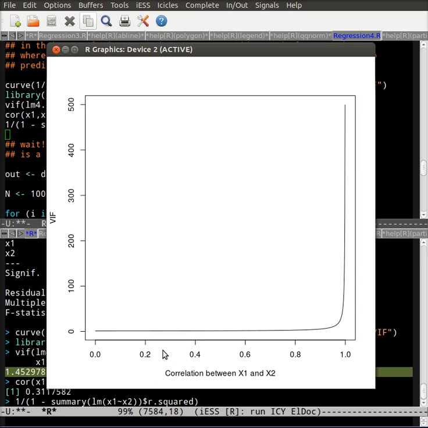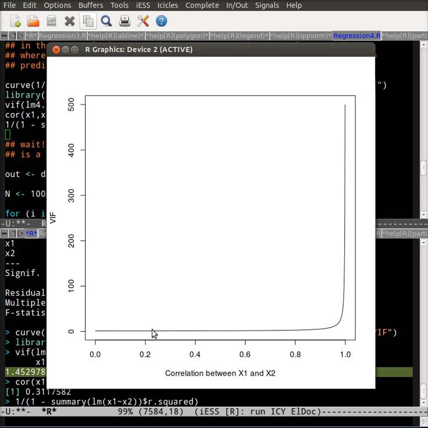Here I've got a very simple curve that shows you the correlation between two predictors, x1 and x2, and VIF. And you notice that VIF is not bounded by 500. It could actually go up to an infinite value. But if you take a look here, VIF doesn't really increase a whole lot.